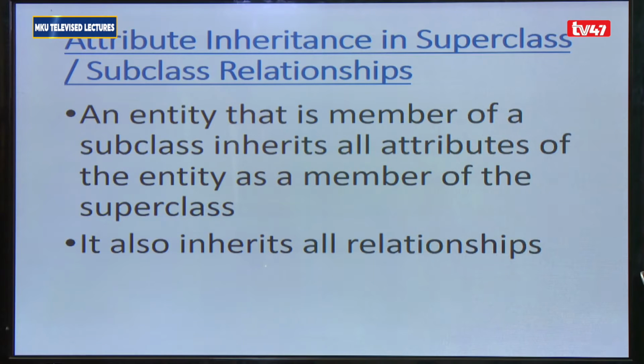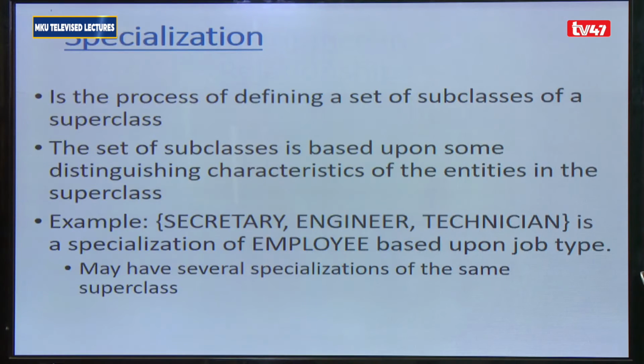But in addition, what differentiates a subclass from another subclass is the fact that a subclass normally has subclass-specific attributes. For example, in our case, when we talk about part-time student, we want to know what units this student has registered for.